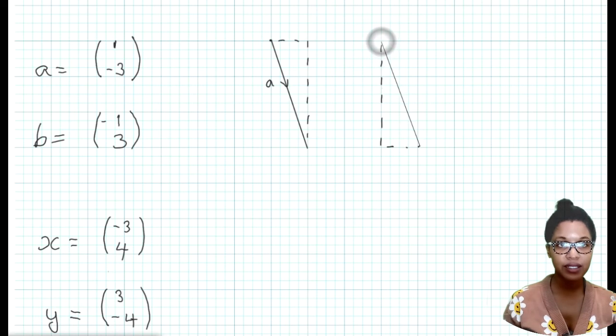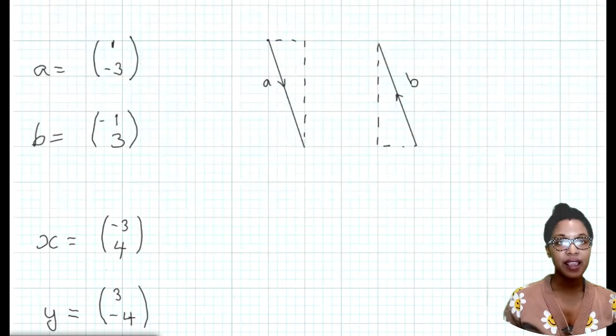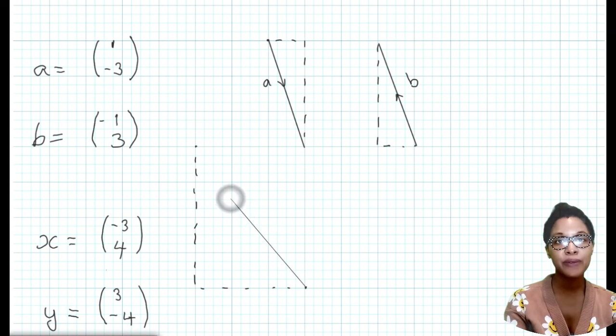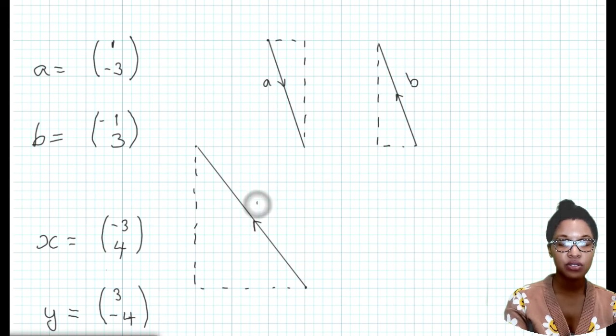We connect, draw an arrow, label it B. Then next vector, X is equal to (-3, 4). We get our point, we go 3 units to the left, and then 4 units upwards. Connect, draw arrow, label it X.